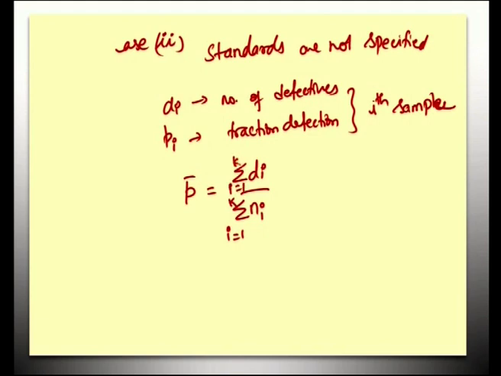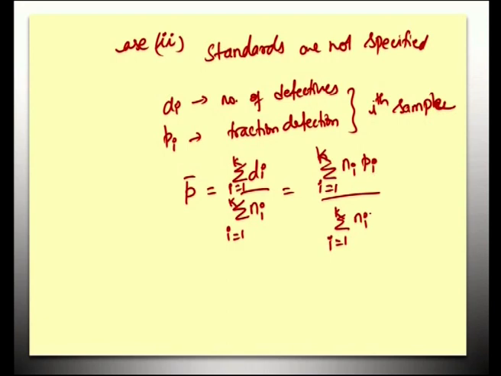As already discussed, D stands for n into p, therefore summation i equal to 1 to k, Ni into Pi divided by summation i equal to 1 to k, Ni.